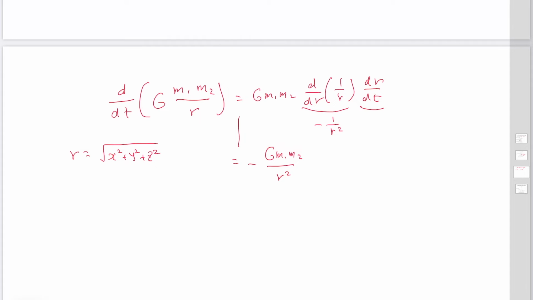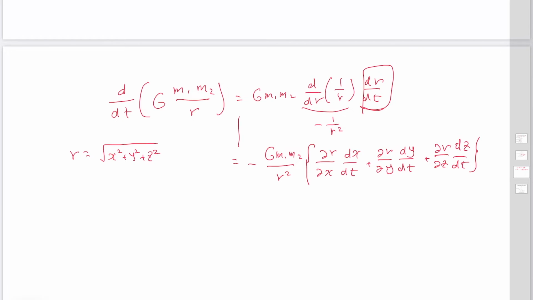So this part is expressed using the chain rule: partial r partial x, dx dt, because x, y, z are functions of t, plus partial r partial y, dy dt, plus partial r partial z, dz dt.